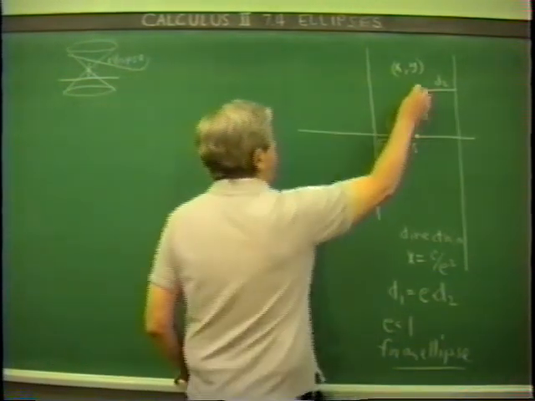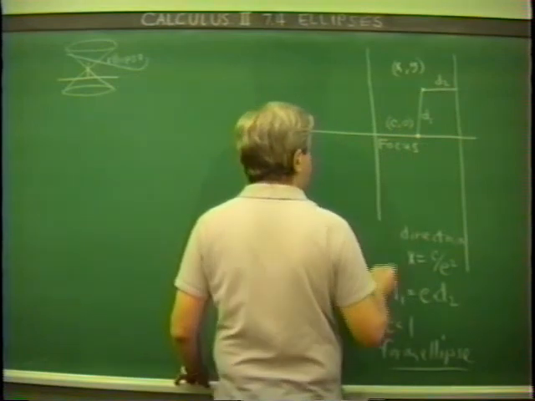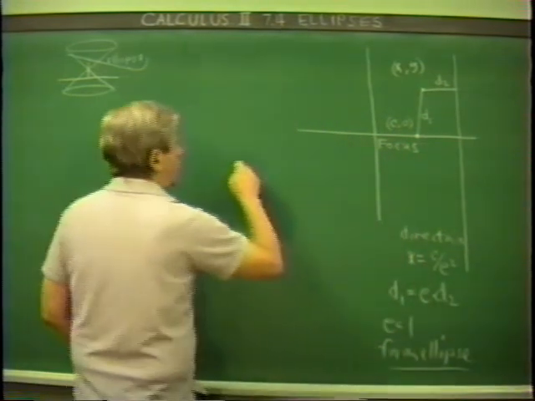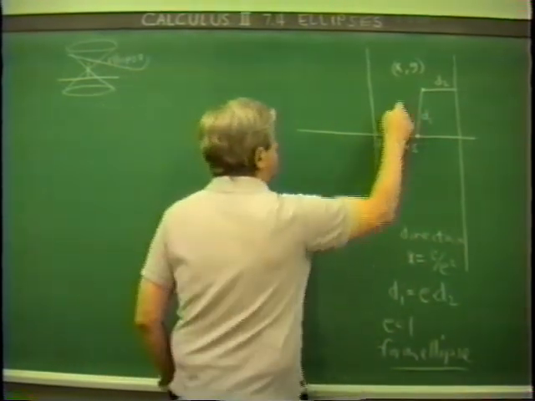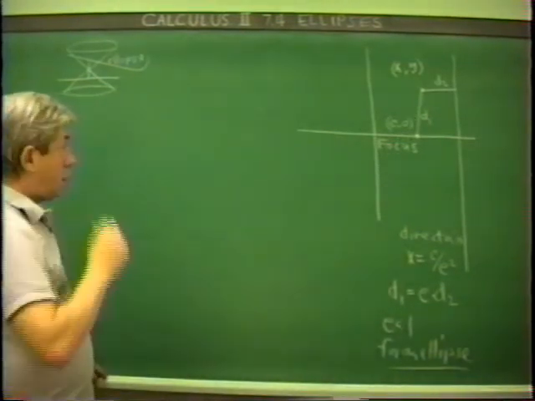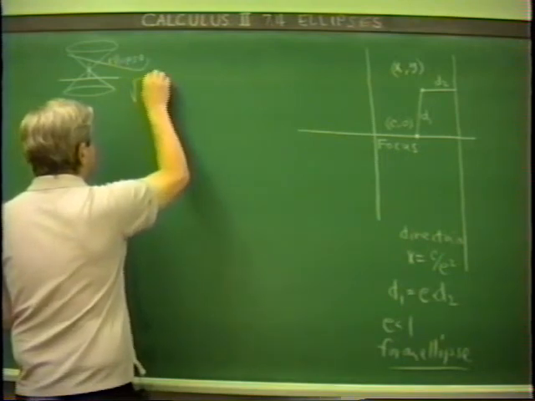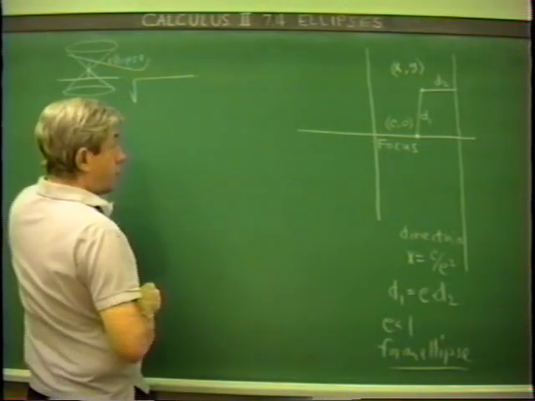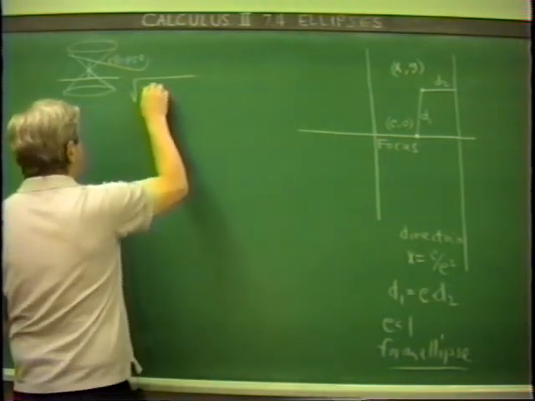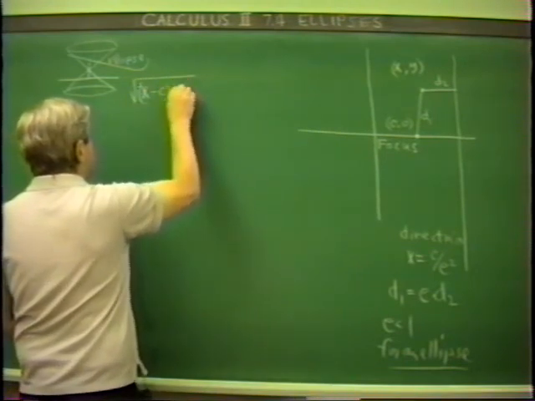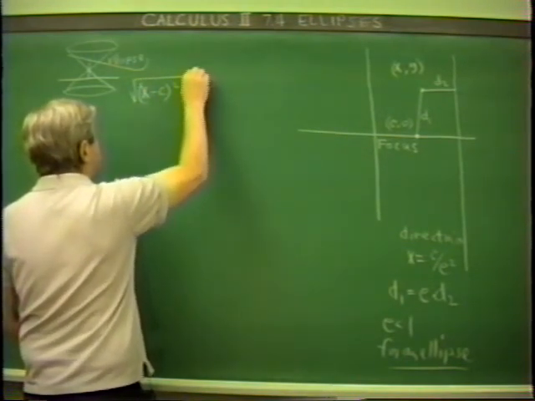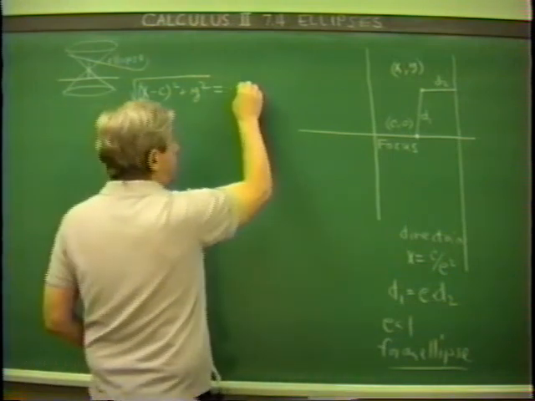Okay, so we want to write that equation then. This is the point xy here. d1 is the square root of x minus c squared plus y minus 0 squared.